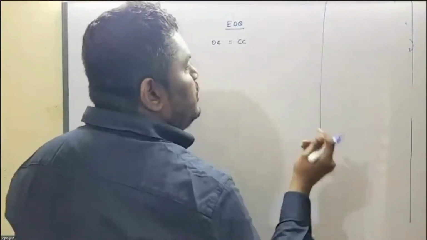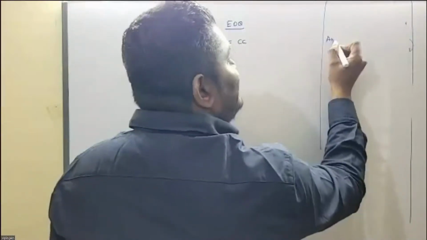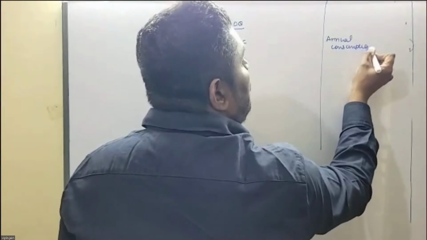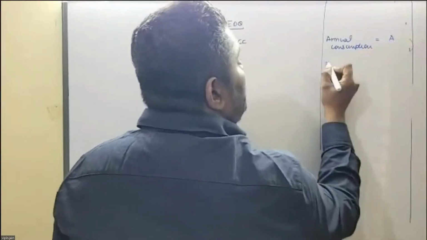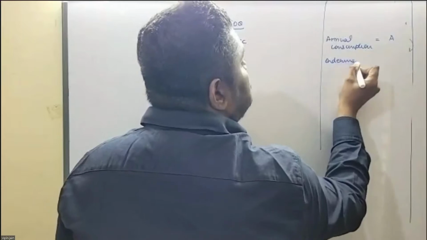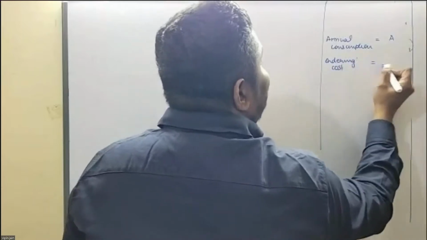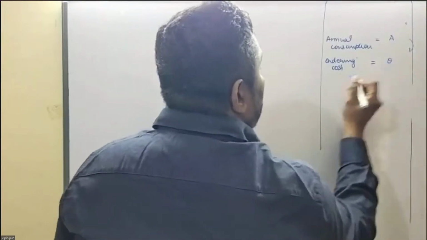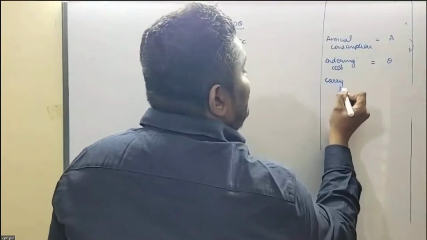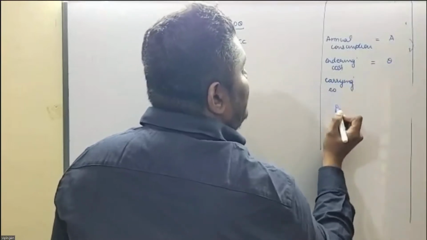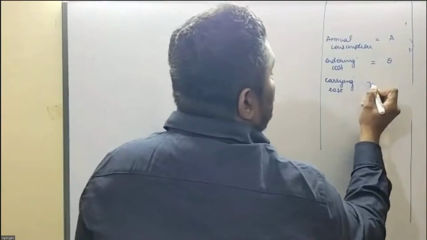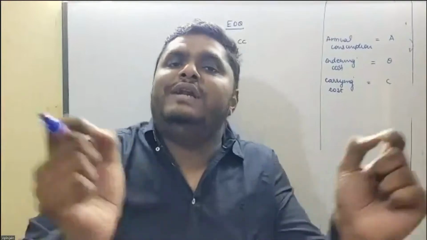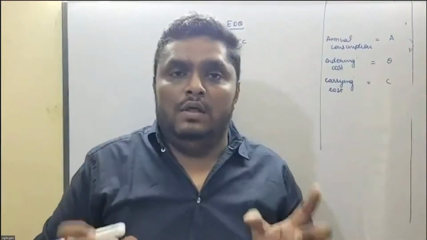Further, as I told you, three elements are required: annual consumption, let's call it A; ordering cost, let's call it O; and carrying cost, let's call it C. These are the three elements required in calculating EOQ. So at economic order quantity, ordering cost is equal to carrying cost.